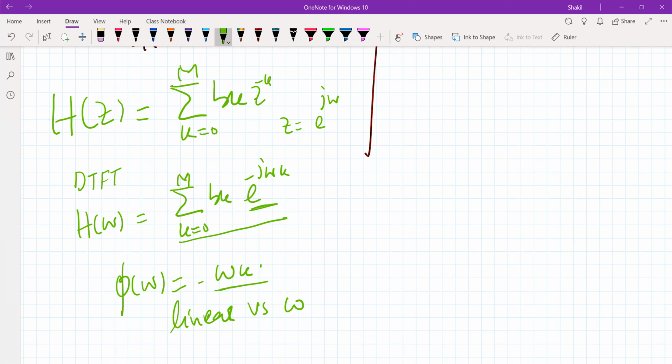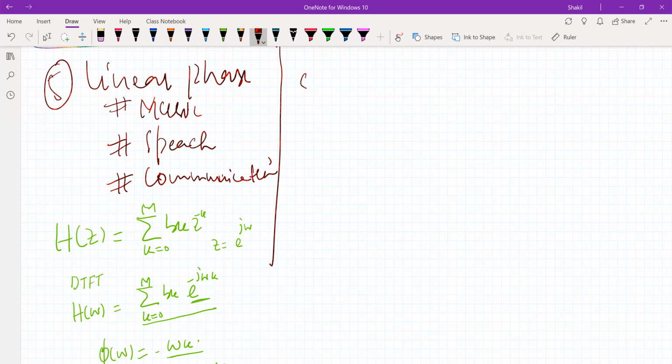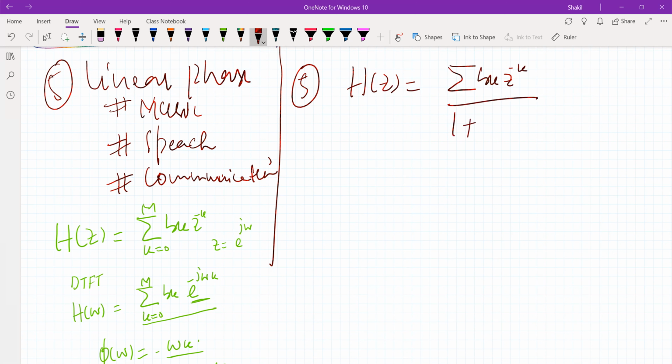So this is true in this case. But if you see IIR systems, we know the transfer function H(z) is the summation of b_k z to the power minus k in the numerator plus the summation from k equal to 1 to N of a_k z to the power minus k in the denominator.